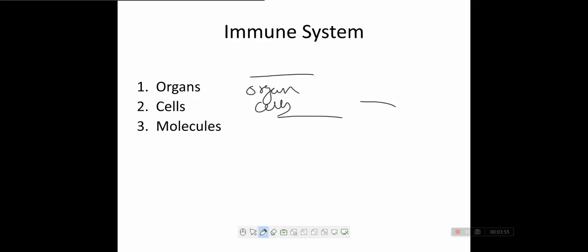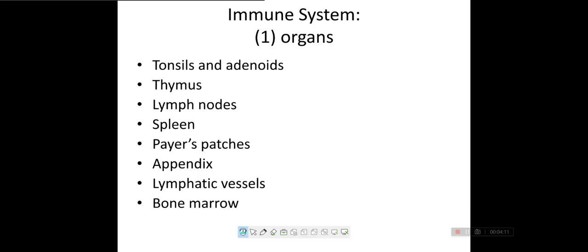Molecules like cytokines, lymphokines, these all are molecules. First, the organs that come under the immune system are tonsils, adenoids, thymus, lymph nodes, spleen, Peyer's patches, appendix, lymphatic vessels and bone marrow. This all comes under the immune system. Okay.